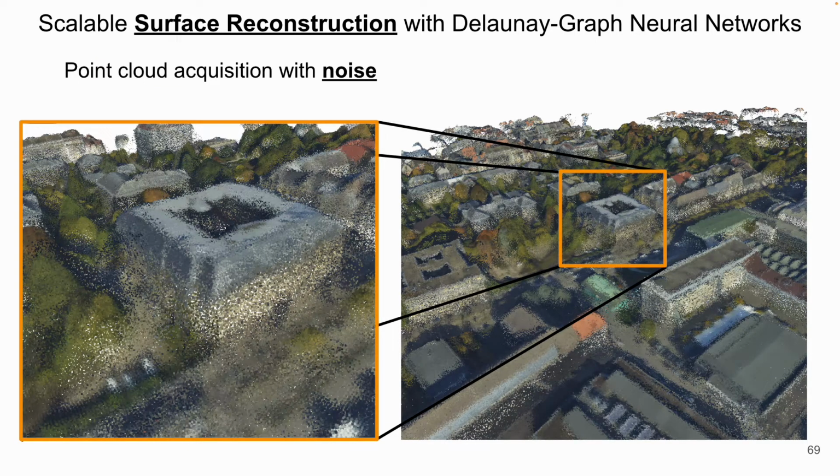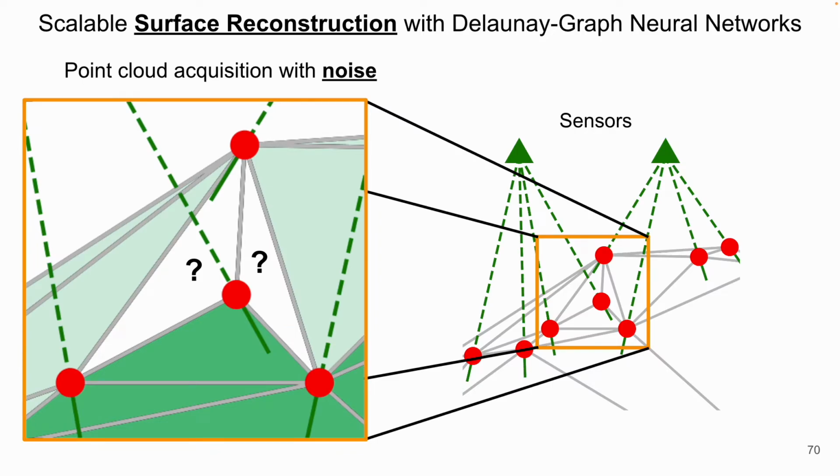But now zooming in on a real point cloud, we can see that acquisitions in the wild are often contaminated with noise. And noise and also outliers can not only lead to imprecisions in the point cloud, but also to defective visibility information. And this in turn leads to the problem that the empty full labeling is sometimes ambiguous.